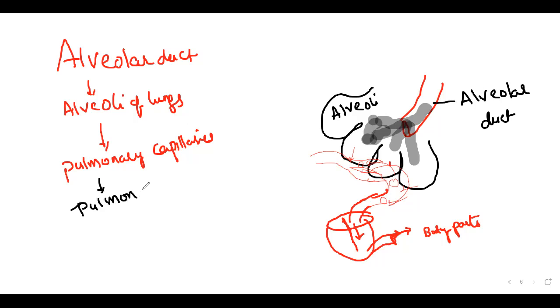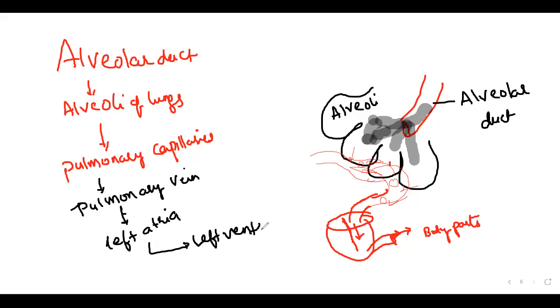They open into the pulmonary vein. Pulmonary vein opens into the left atrium. Left atrium opens into the left ventricle. Left ventricle opens into the left systemic aorta.